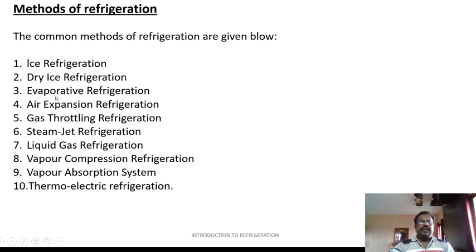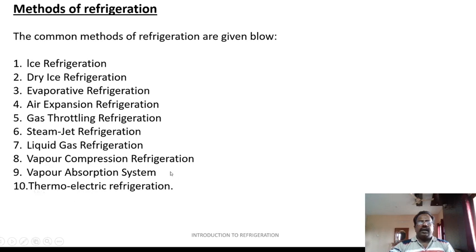First one is ice refrigeration, second one is dry ice refrigeration, evaporative refrigeration, air expansion refrigeration, gas throttling refrigeration, steam jet refrigeration, liquid gas refrigeration, vapor compression refrigeration, vapor absorption refrigeration, and last one is thermoelectric refrigeration.